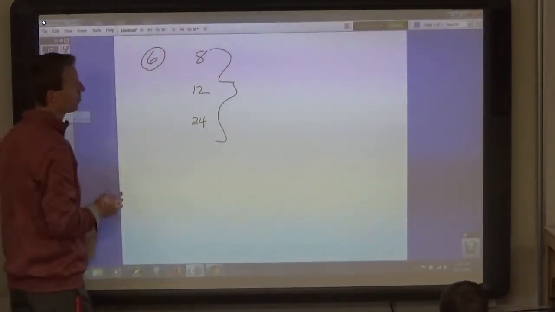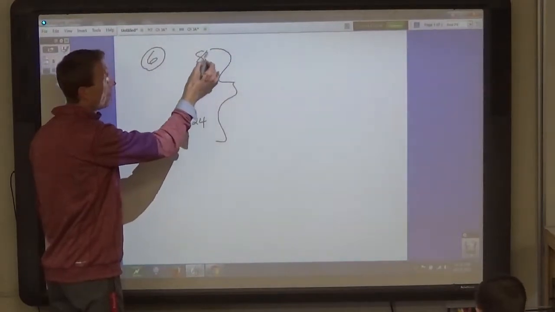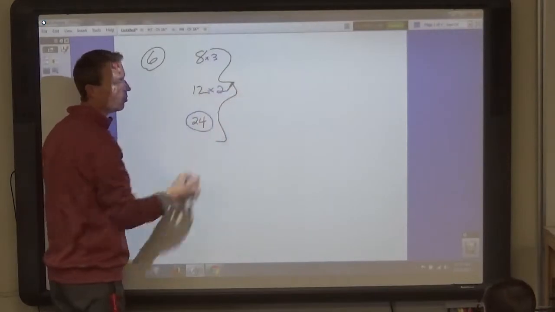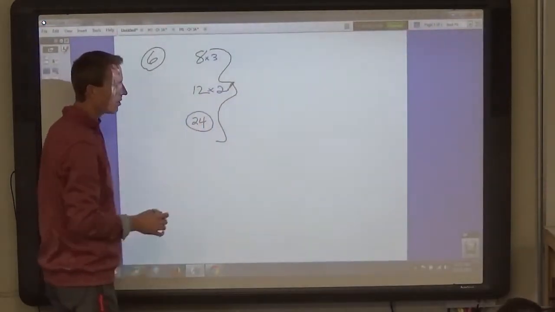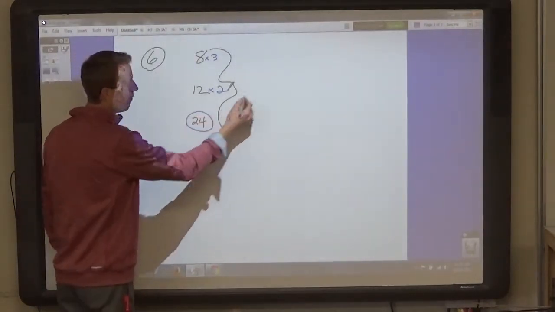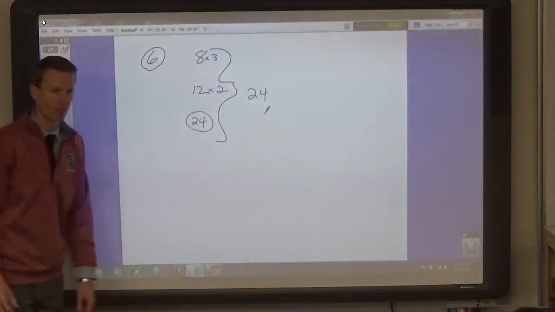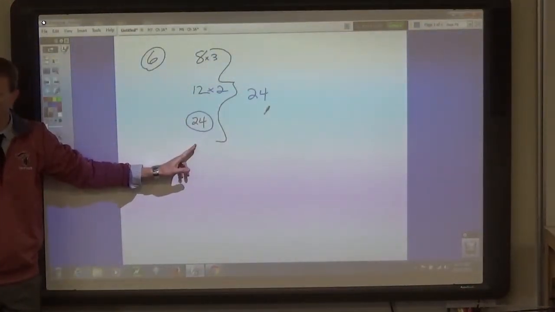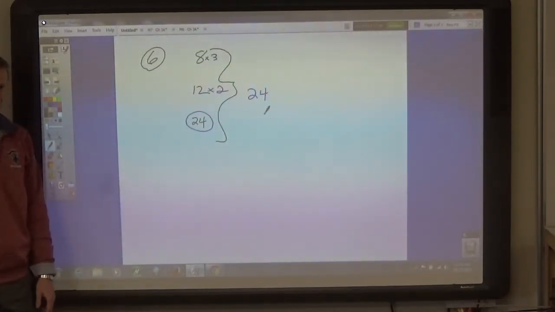Because 8 times 3 is 24, and 12 times 2 is 24, and 24 times 1 is 24. So 24 is the lowest common multiple. If the other two numbers go into the third number, then that has to be the lowest common multiple. Okay? So sometimes you can find it that way.